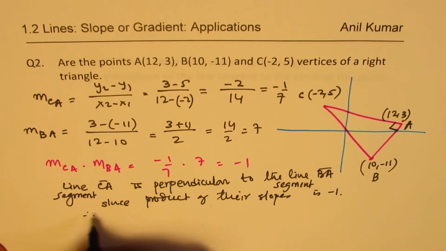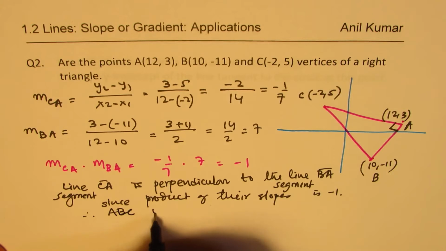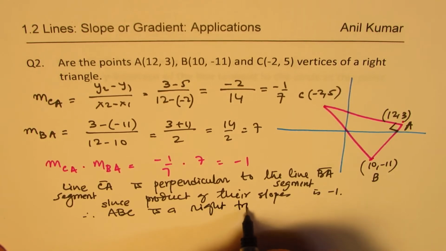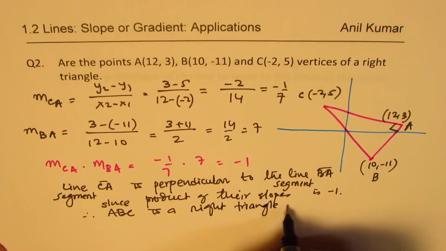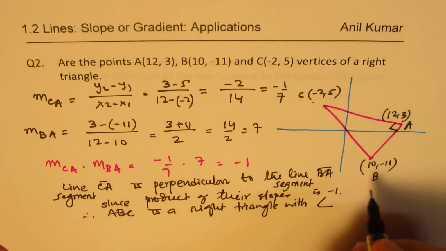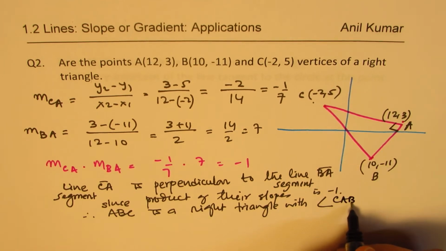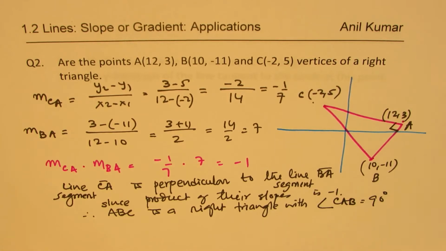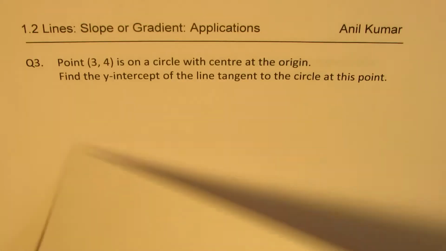So therefore, ABC is a right triangle with angle, so this is C for us, right? So CAB equals 90 degrees. Clear? Perfect. Okay. So now let's take question number 3.